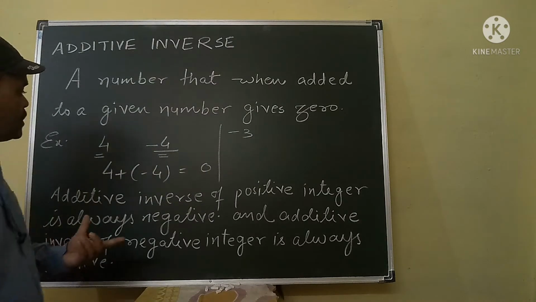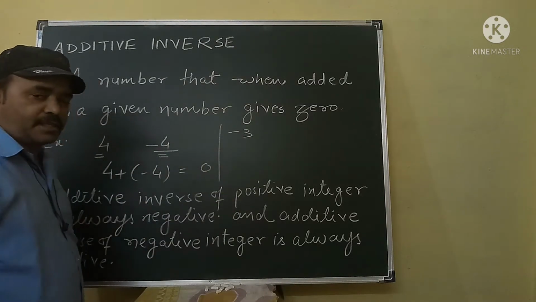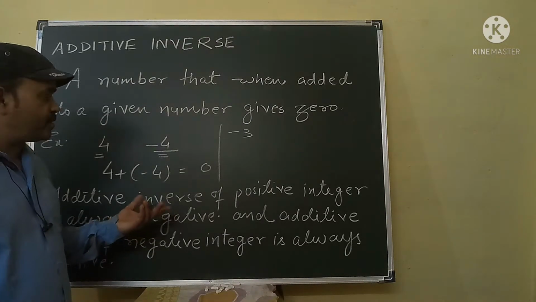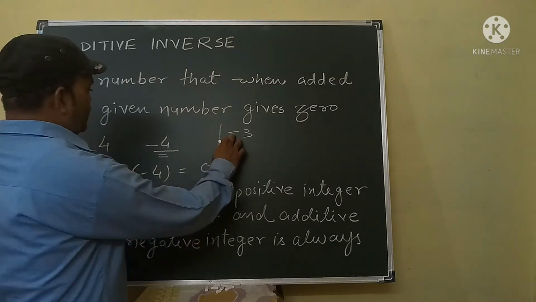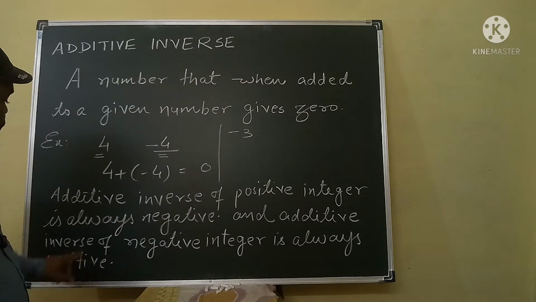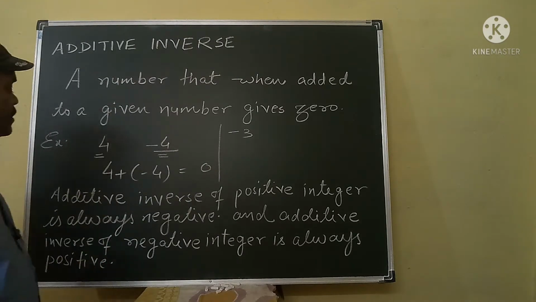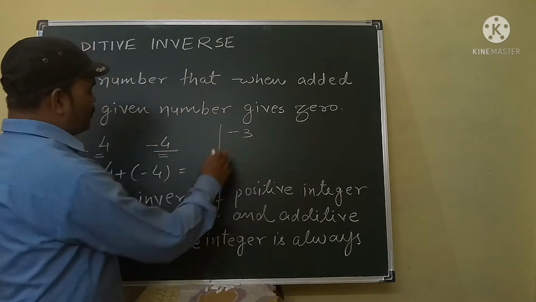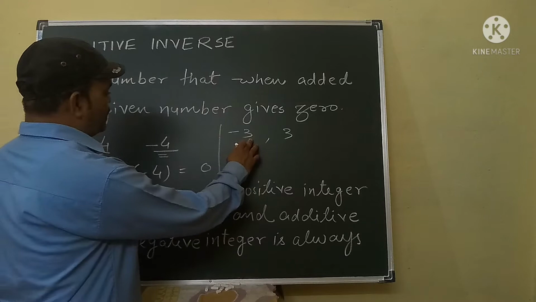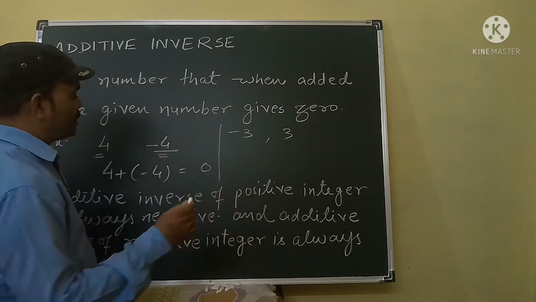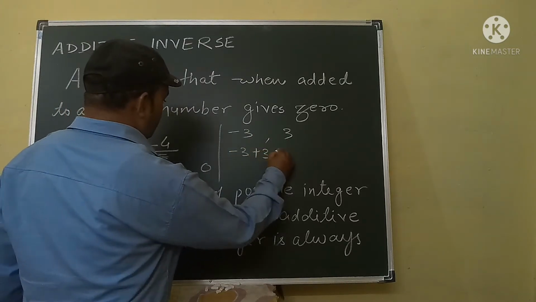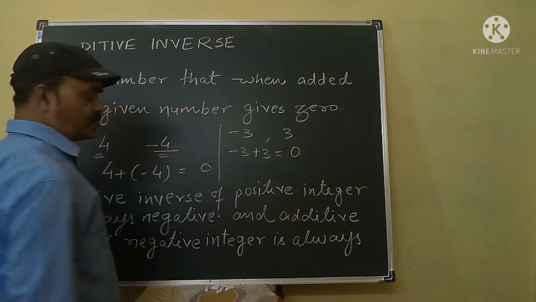It is a very easy procedure. 3 is a negative integer, and additive inverse of a negative integer is always positive, according to the statement. So additive inverse of minus 3 is 3. When you add these two integers, we will get 0.